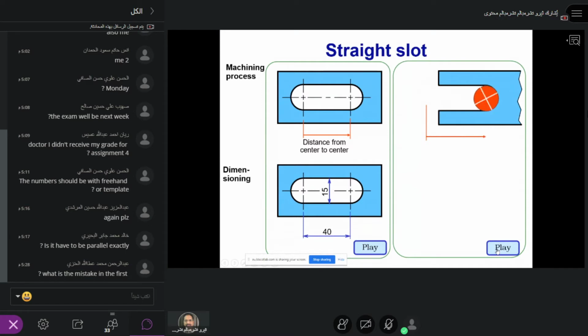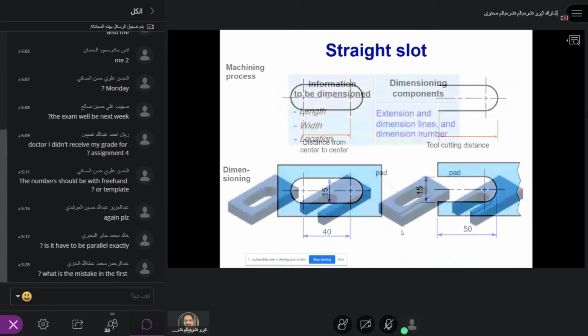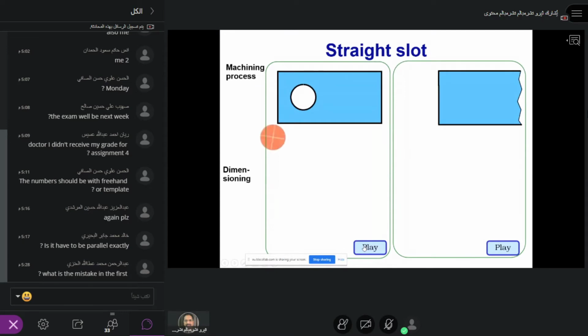So the distance from the corner to the center and the tool cutting distance, you have to give either 15, that is the thickness, or if this is 50, sometimes either way you can do this. Both ways it is correct. Okay. I repeat again, just check it for slot. So this is how to dimension a straight slot.